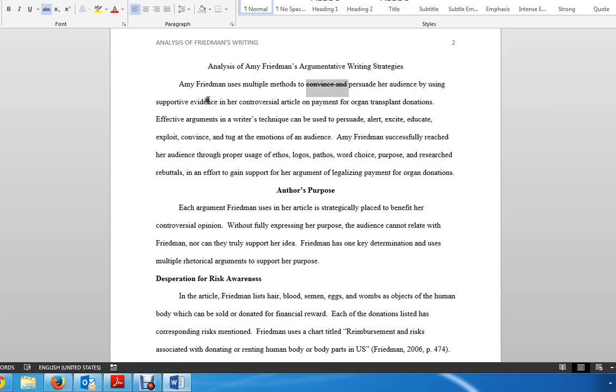By using supportive evidence. There's so much more than using supportive evidence that makes it sound like that's all your paper is going to be about, so take that out. Persuade her audience in her controversial article on payment for organ transplant donations. I don't know which one you're talking about.